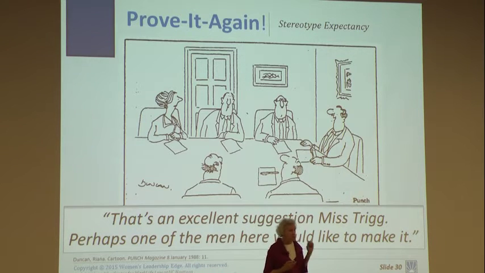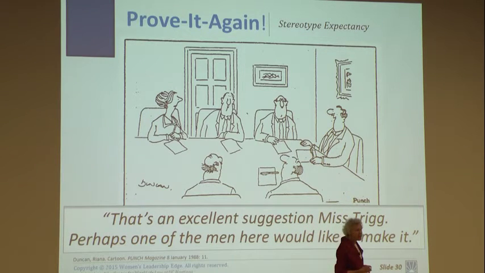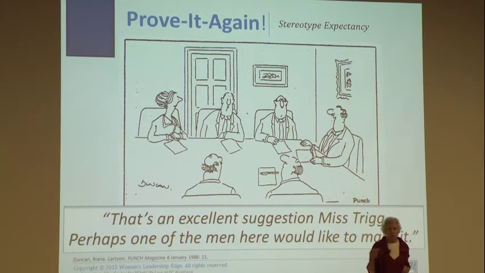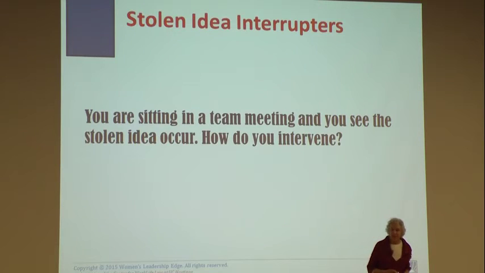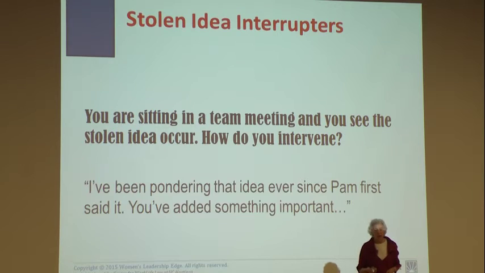It's one of the ideas that's really taken off from the book that I wrote with my daughter, Rachel Dempsey, who's now a clerk on the Ninth Circuit Court of Appeals. And Rachel calls it the stolen idea. What do you do when you see it? So you're sitting in a team meeting and you see it happen. What can you say? You can say, you know, I've been thinking about that idea ever since Pam first said it.